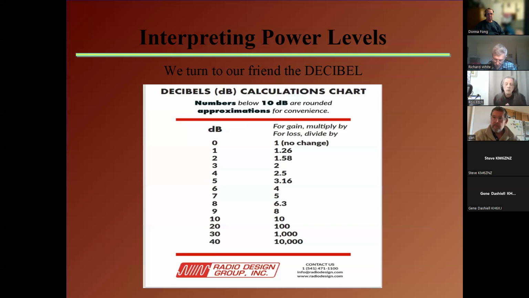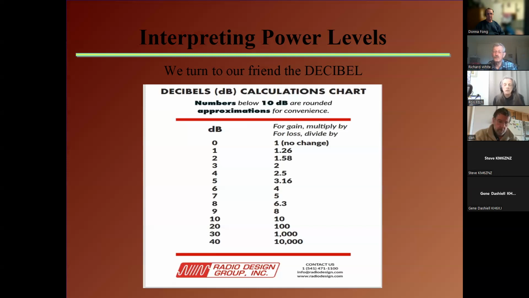So in order to make a single S unit difference, the theory is that an S unit difference means that a 6 decibel change has occurred.